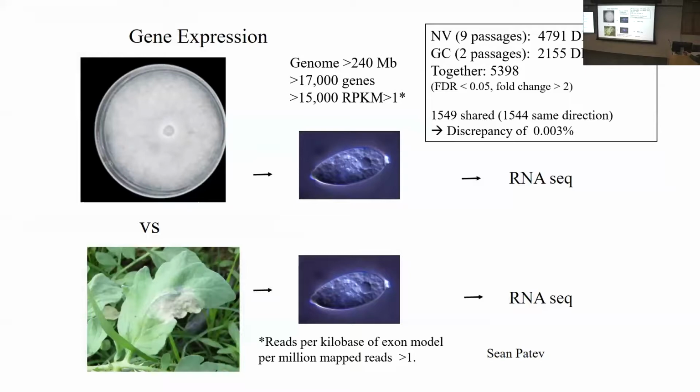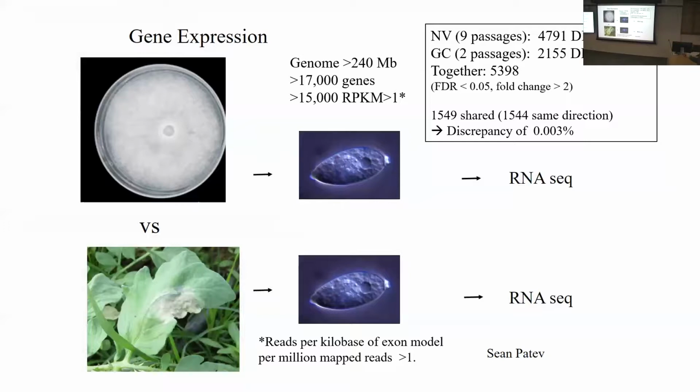For the isolate that had only 2 passages in pure culture, there were 2,155 significant differentially expressed genes, again comparing plate to leaflet. Together, there were almost 5,400 significant DEGs comparing plate sporangia to leaflet sporangia.